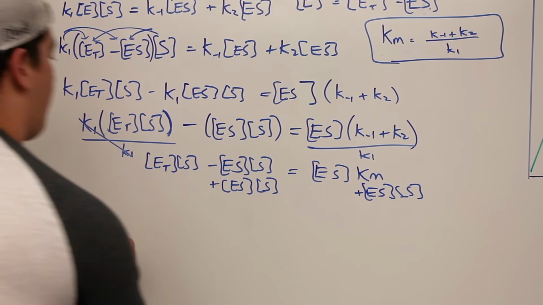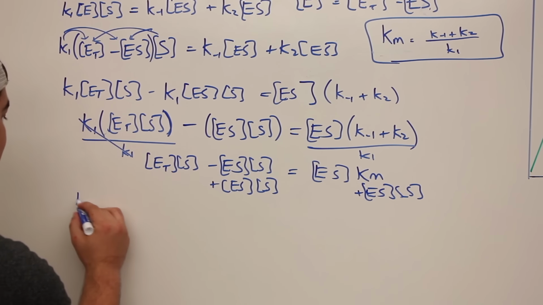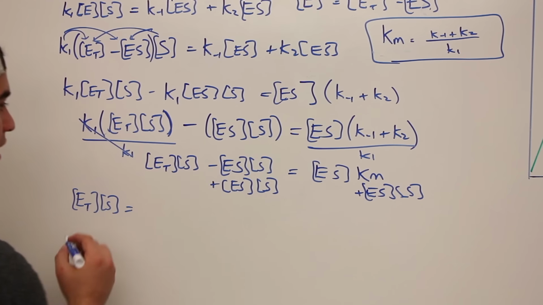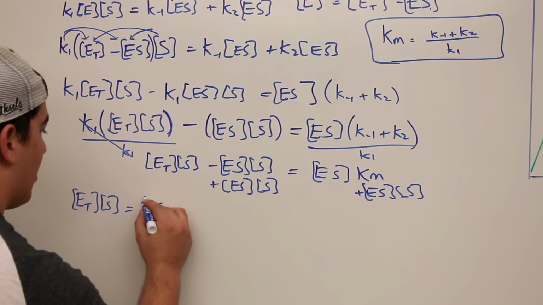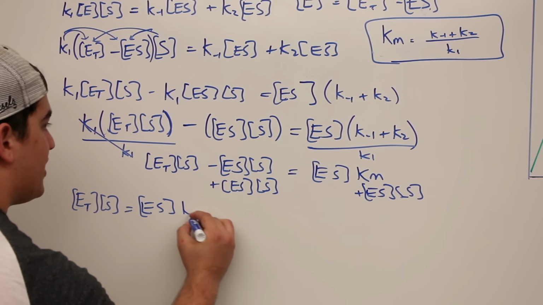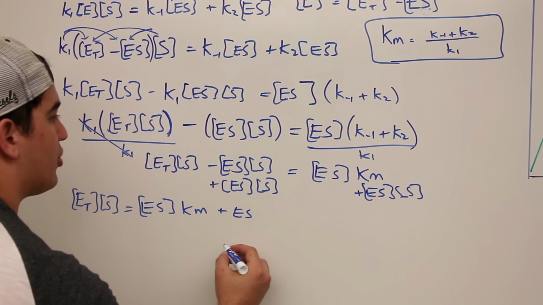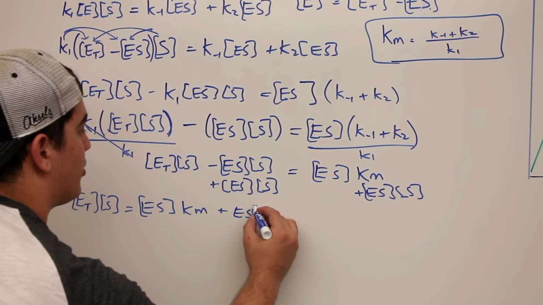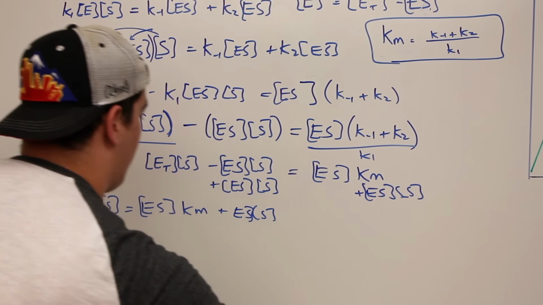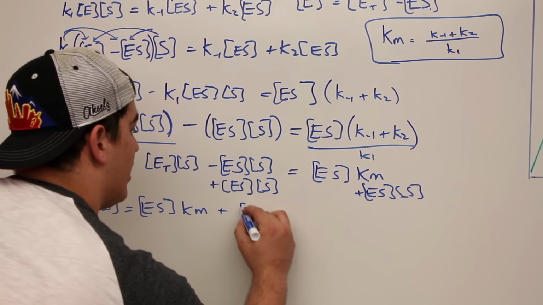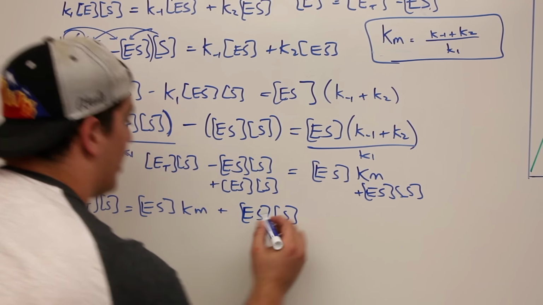We're going to get enzyme total times substrate concentration equals enzyme substrate times Km, right, plus enzyme substrate times substrate concentration. Let me fix that up and make that look a little nicer, guys.